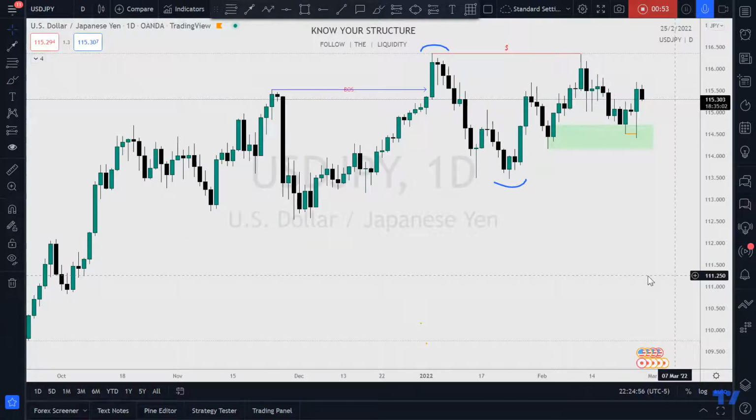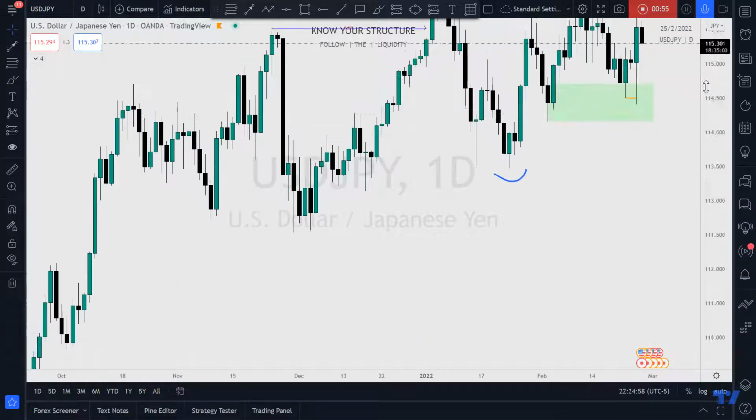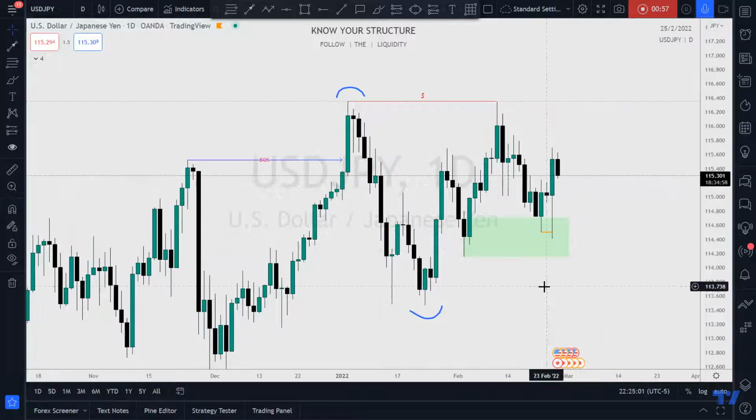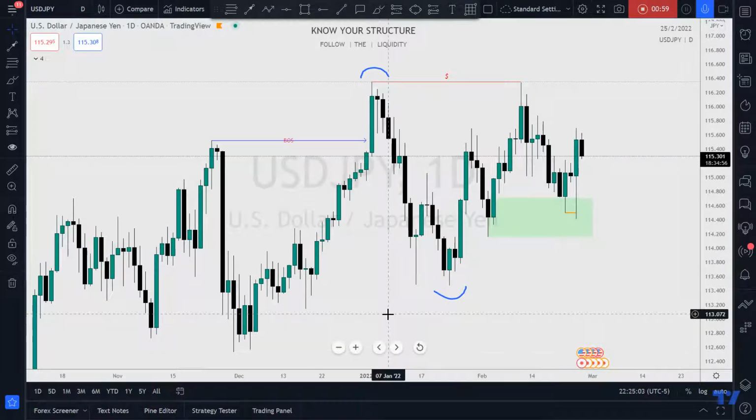Close look here. A couple other things to note: once price didn't break that high, we have to understand that we are still in this trading range. This is the last higher high, and this is the last higher low. This is the trading range.